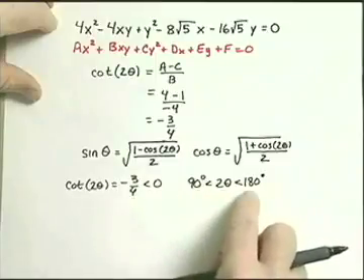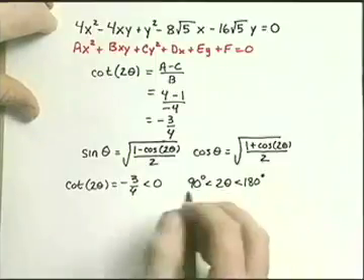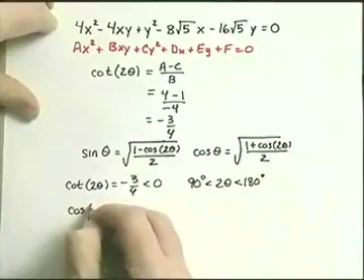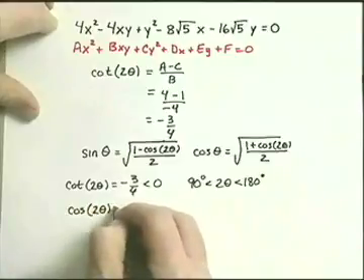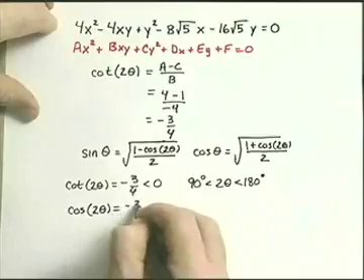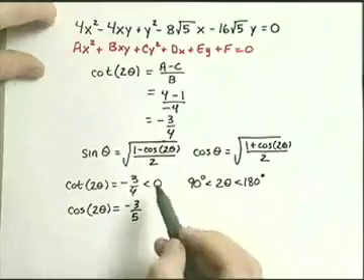Since 2 theta is in the second quadrant, I know that the cosine is going to be negative as well, and the cosine of 2 theta is going to be negative 3/5.